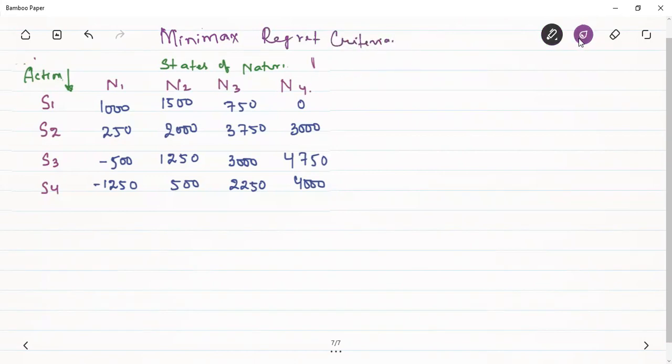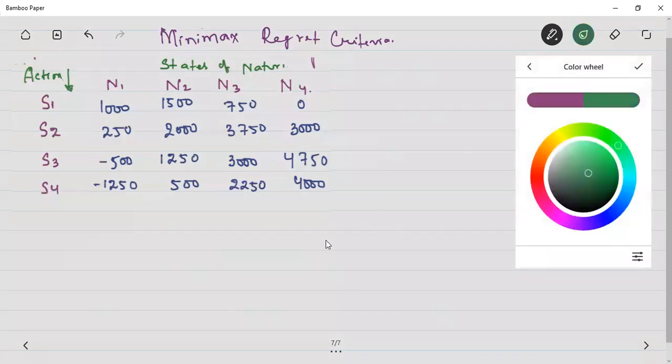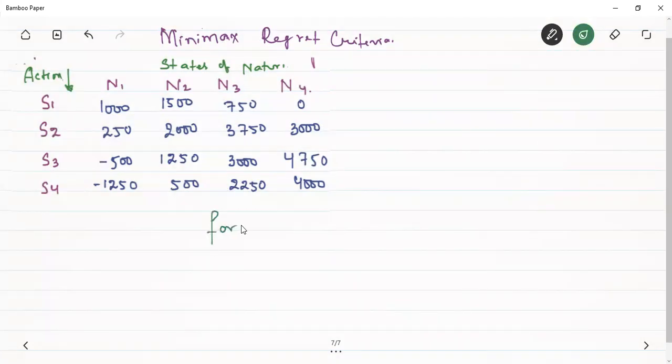Now considering this to be a maximization problem, for each state of nature, we had to subtract the payoff from the maximum payoff.